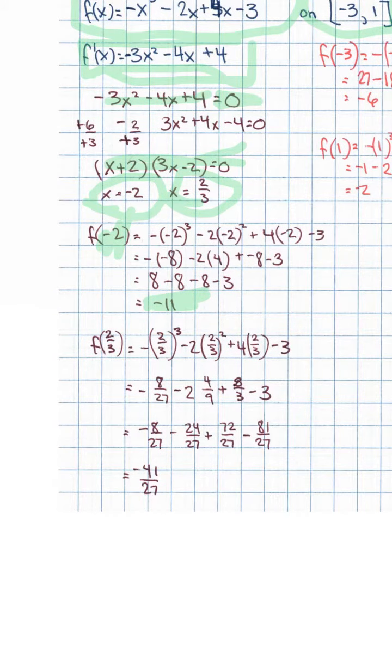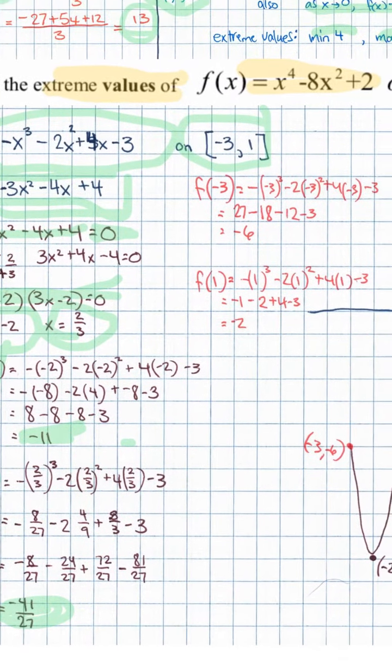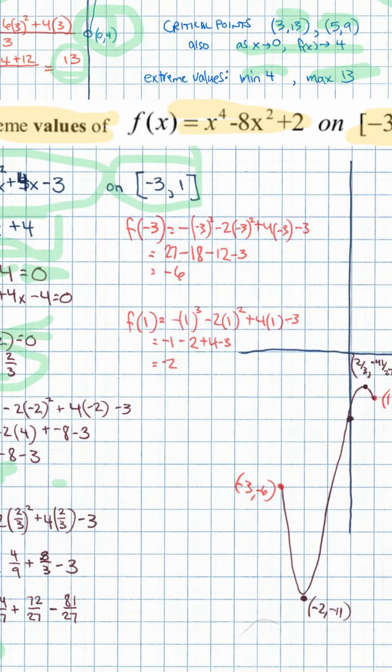Then I plugged in 2/3 into the original function, and I got -41 over 27, which is about -1.5. And then, so I've got 2 points that way, but I can't forget my endpoints. So with -3, I got -6, again plugging into the original function, not the derivative function. I plug in 1, and I got -2.